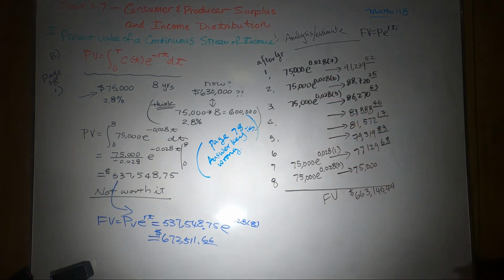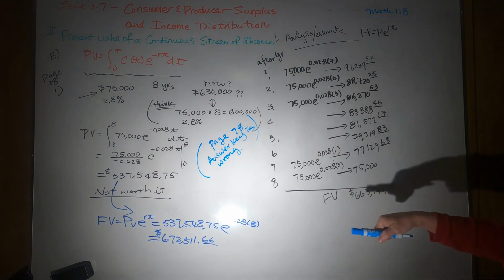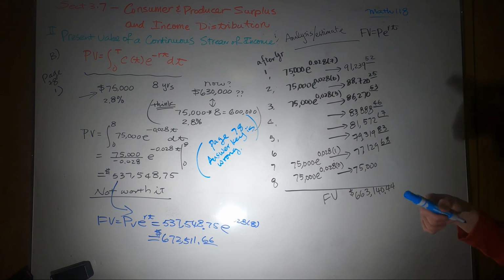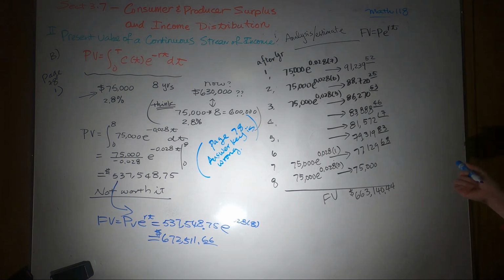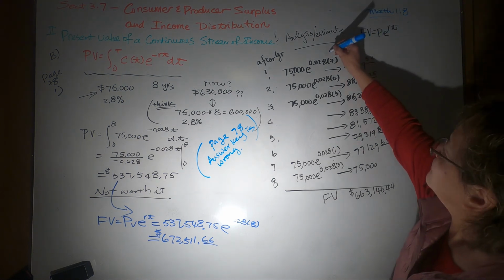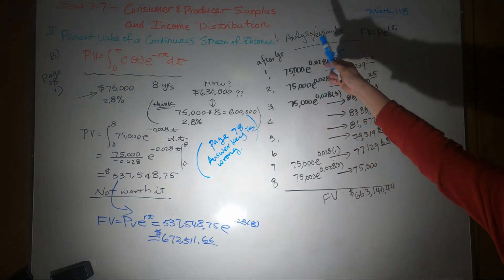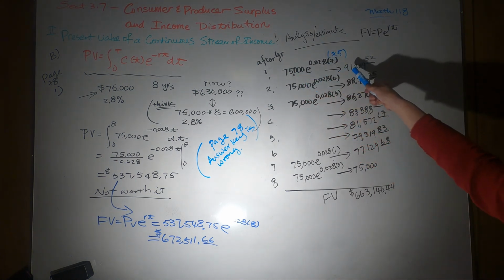But I was thinking the $75,000 I get may not be at the end. I might accumulate from the beginning, the first year, then continuously. That's called a continuous stream of income, right? I say, what happens if I do the average? Because I might start to get some money till the end of the year.